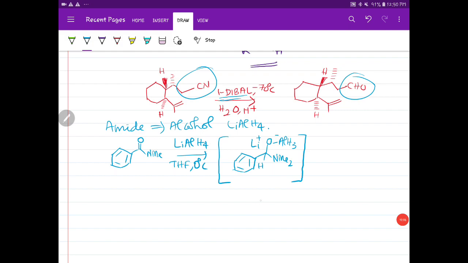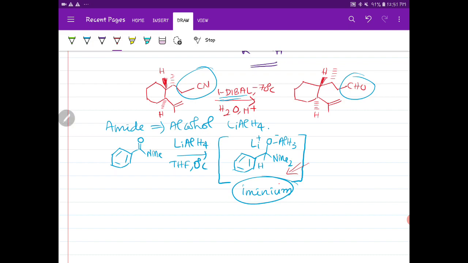If you recall in the previous class, this will collapse to iminium ion, and there is a condition for the collapse of this tetrahedral complex to iminium ion. What is that condition? It required a high temperature to promote the collapse of this tetrahedral complex to iminium.